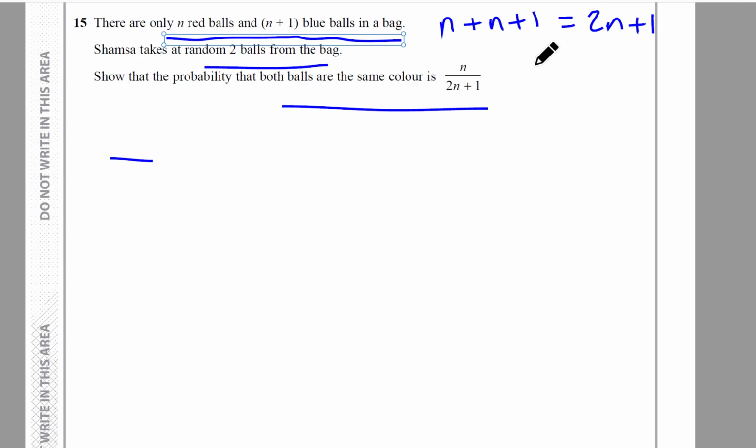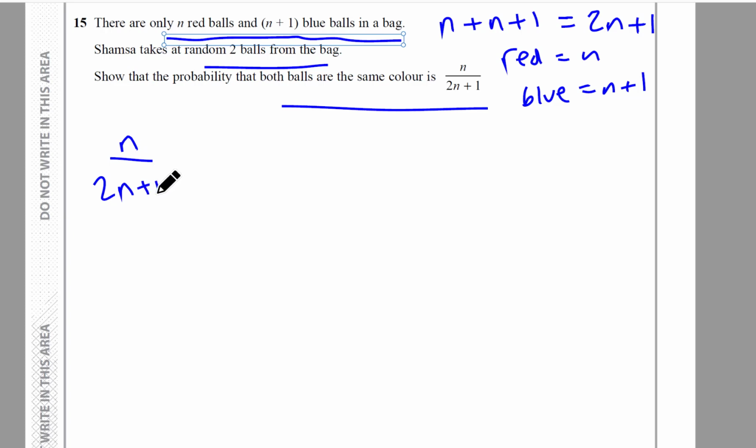Now we know red equals n, and blue is the number of n plus 1. So to pick out one red at the start, and red is worth n, will be n out of 2n plus 1.